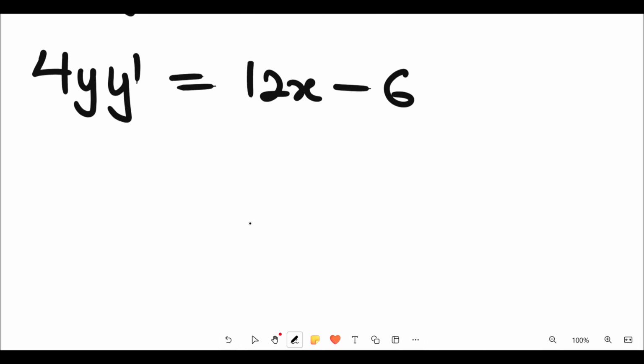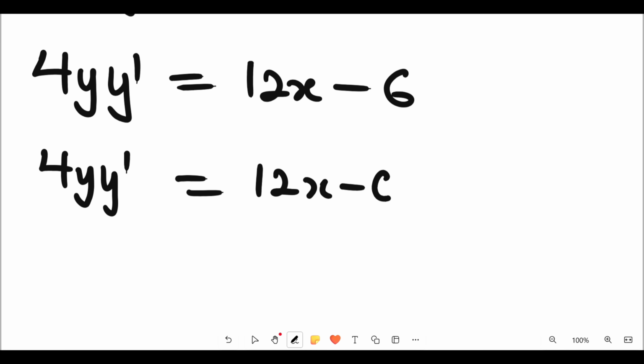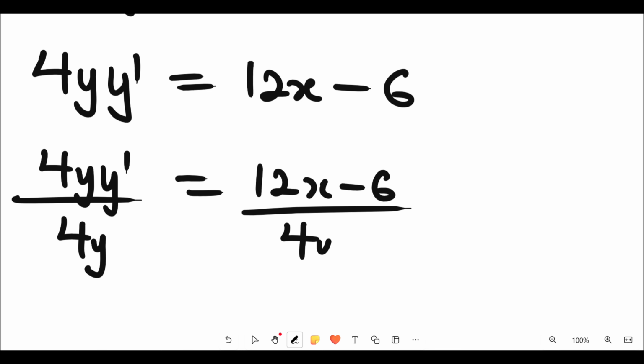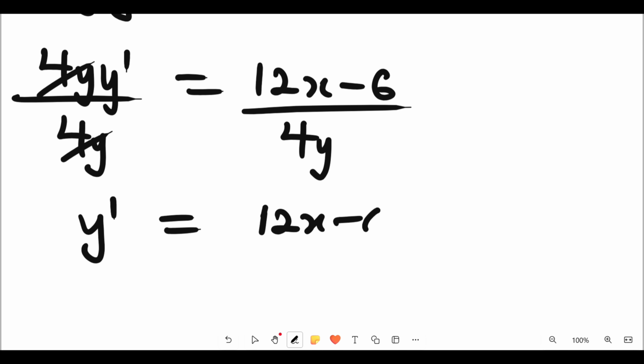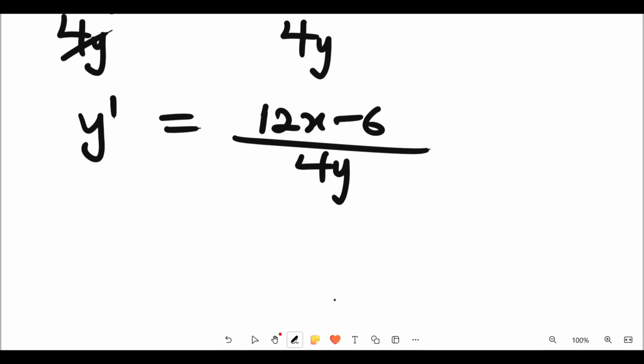Then we divide through by the coefficient of dy/dx, which is 4y. This 4y divides this, and we get y prime equal to 12x minus 6 divided by 4y.